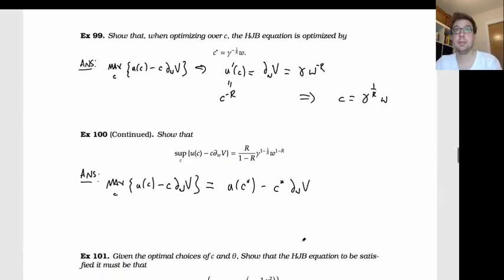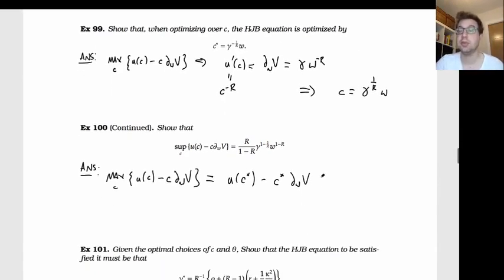Now I can substitute in all the values that I've got. So U is equal to C star to the 1 minus r divided by 1 minus r, minus C star times the partial derivative of V.